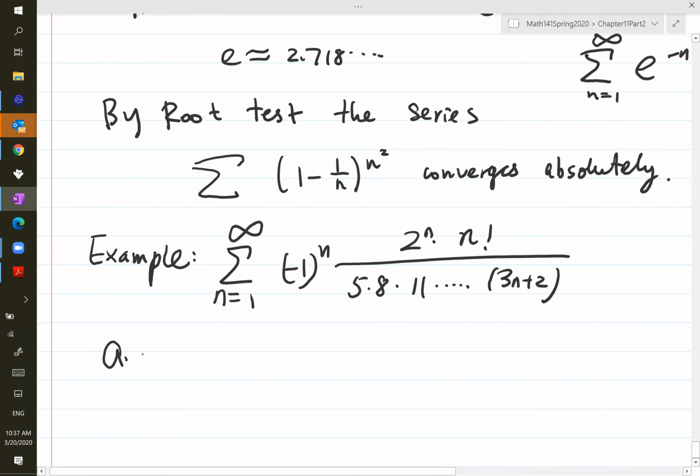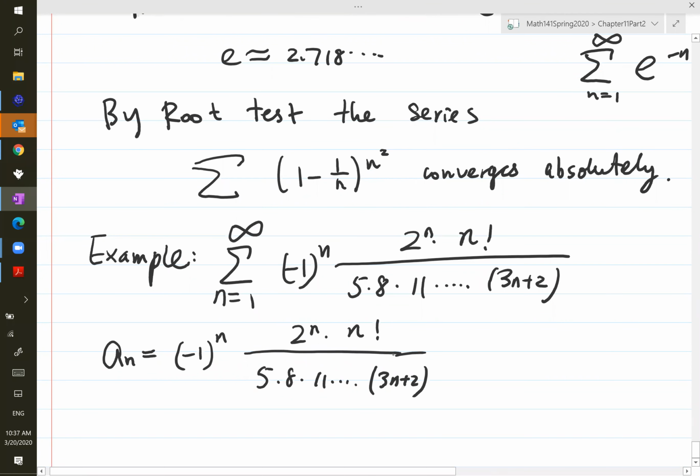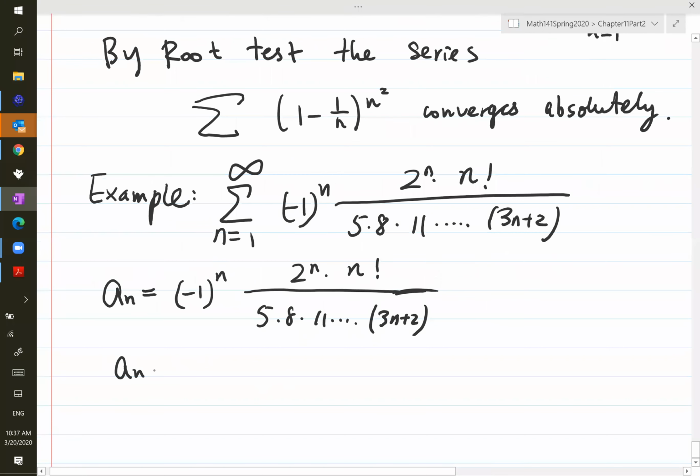So a_n is this: (-1) to the power n, 2 to the power n, n factorial, over 5 times 8 times 11, etc., times (3n plus 2). Now we take the ratio, a_(n+1) over a_n, to kill this alternating factor. So this (-1) to the power n no longer shows up.